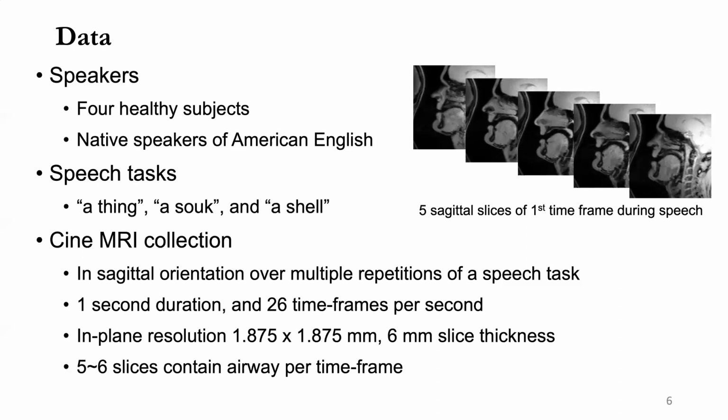The tongue data for each time frame contains a sagittal stack of 9 slices, and 5 to 6 slices per time frame contain the airway, depending on the size of the tongue. These figures are some examples of acquired 5 sagittal slices of the first time frame during a speech task.